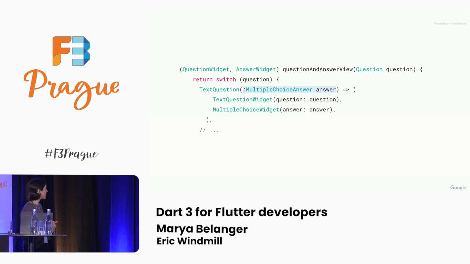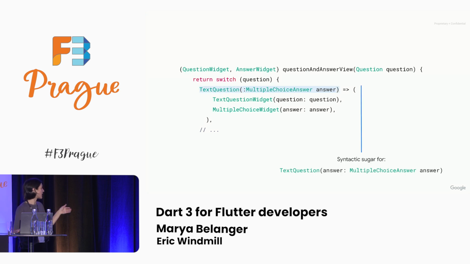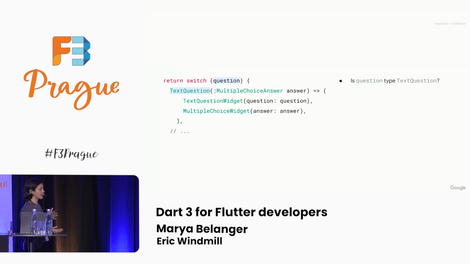Since it's so common to declare a local variable with the same name as the getter of whatever value you're getting it from, the colon type name syntax here is the same as writing it out in the long form. So these two statements do exactly the same thing. It's just another way to write things nicer and neater in Dart 3. So like we did with the map pattern, let's go through and see how this pattern is exactly matching.